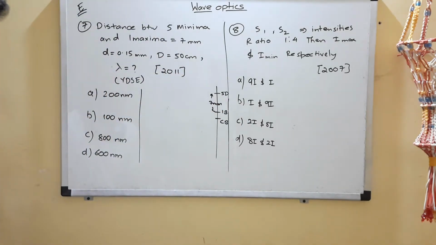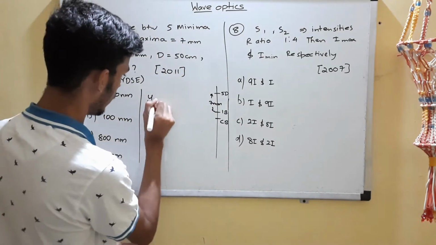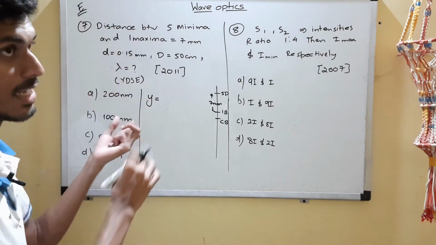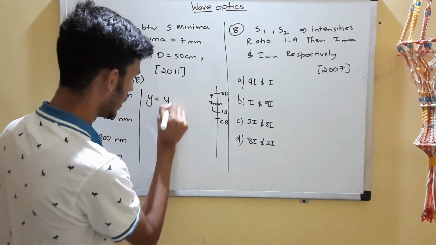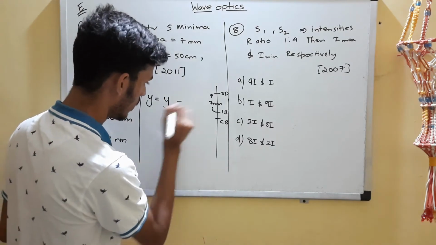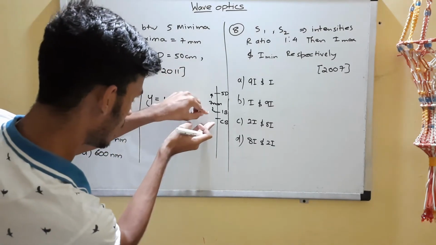Now we can write this in a formula way, so I'll write y is equal to 7 millimeters. The distance between them basically is this entire distance minus this, right?